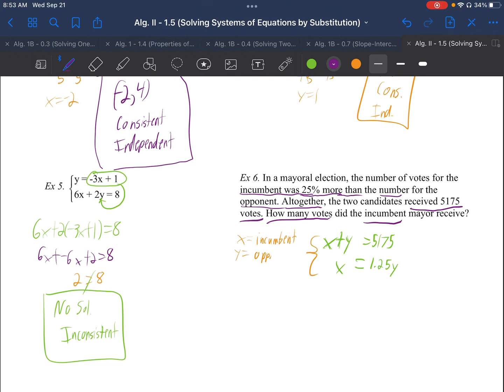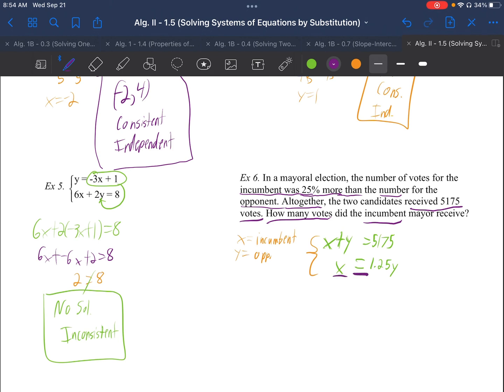So real quick, how I got this system before I start solving is I said, hey, one of the questions is how many votes did the incumbent receive? So we're going to have one variable represent that. So x is going to represent the incumbent, I said. Then y will represent the opponent, the other candidate. We knew they had 5,175 votes total. So we said, hey, x plus y, the two candidates together, got that many votes.